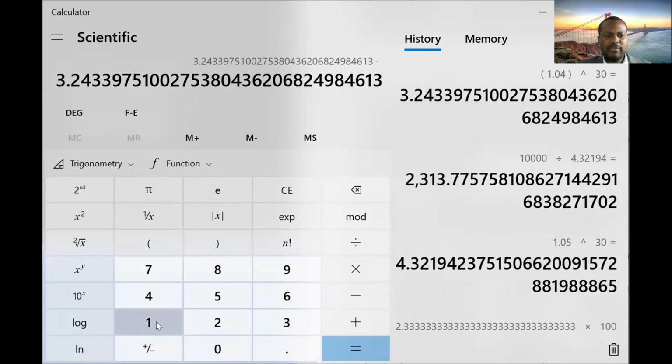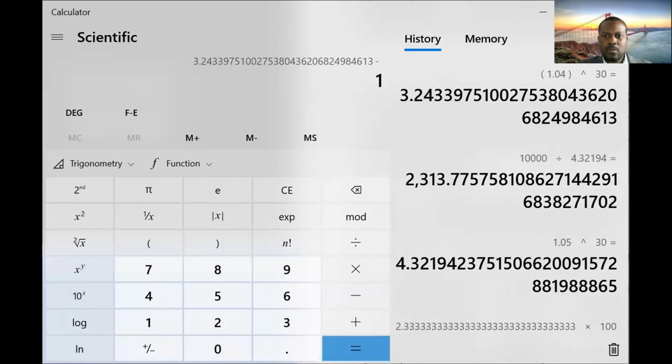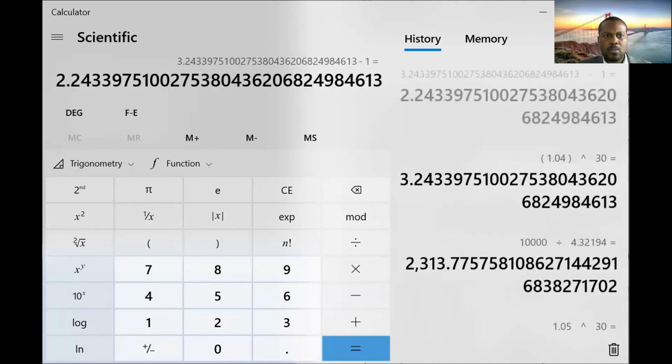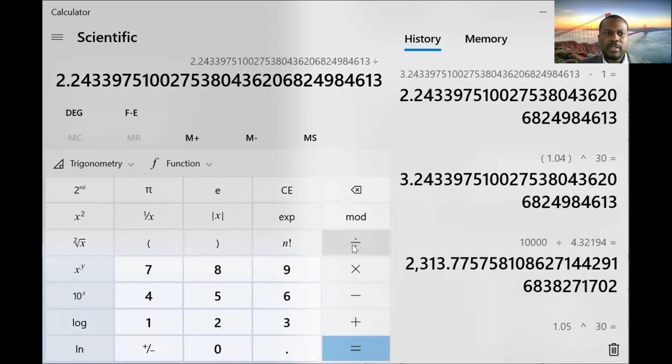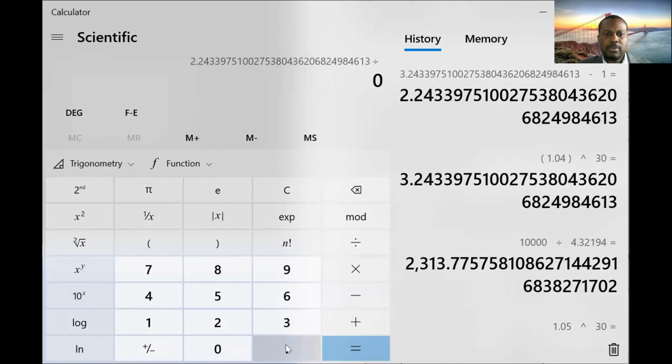If we minus 1 from that, we need to divide that by 0.04.